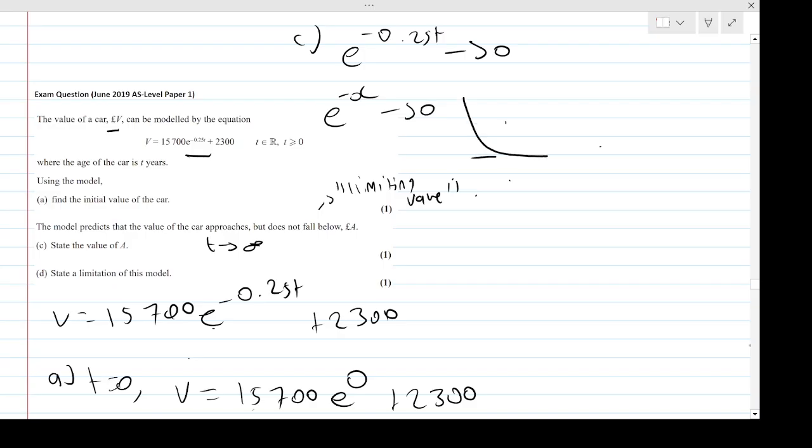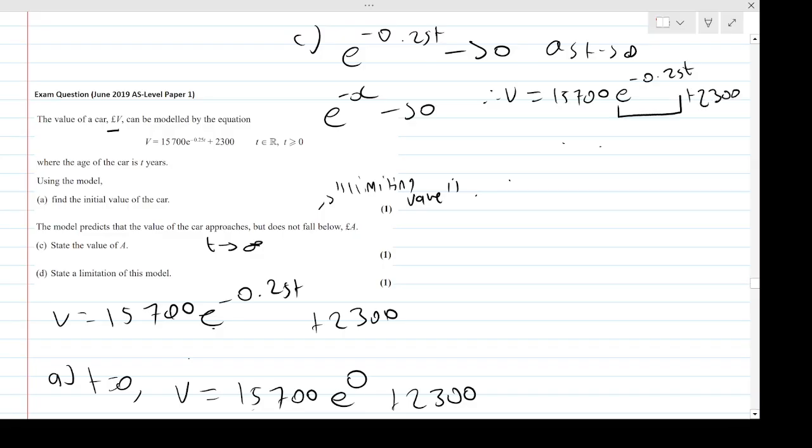If it's negative, it goes to 0 as t goes to infinity, which means that in the long term v will be 15700 e to the negative 0.25t, add 2300. But we know that this exponential goes to 0, so it will go to 15700 lots of 0, add 2300, so that's just 2300.